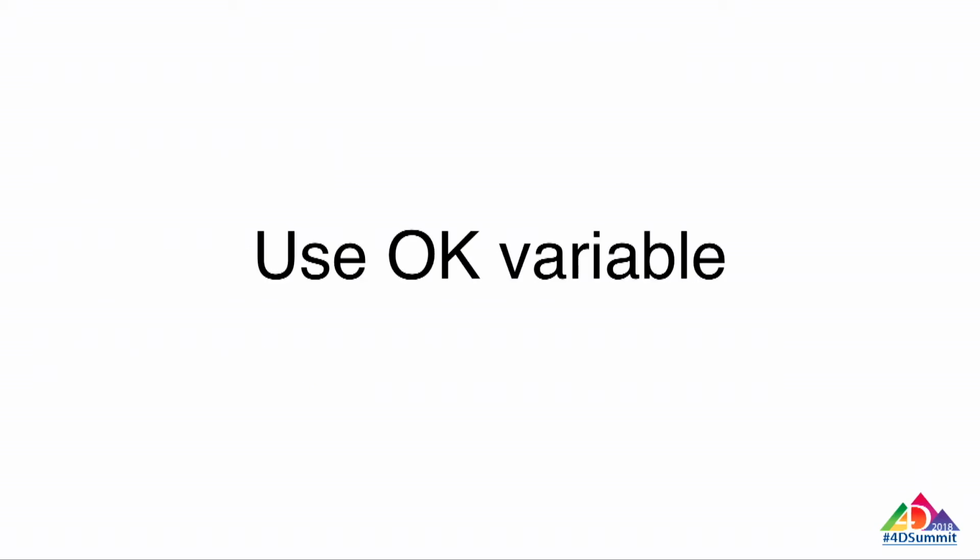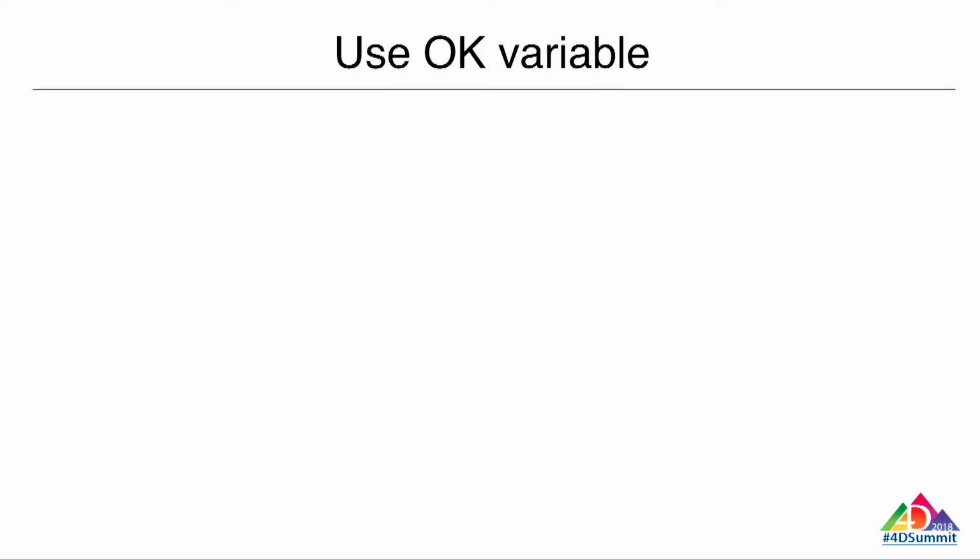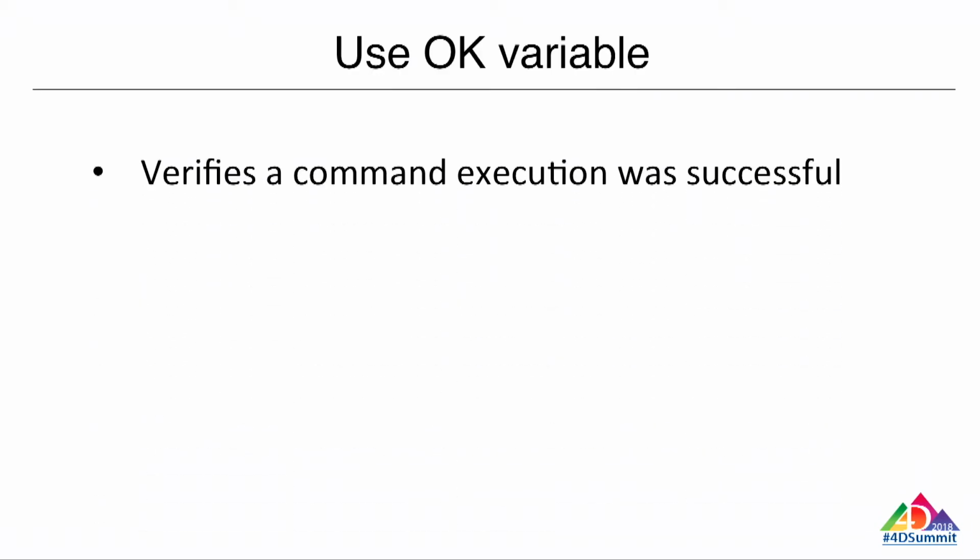The next section I'd like to go over is the OK variable. So why do we use the OK variable? Well, it verifies the command execution when it's successful. Many times we may not know that a certain command might have a response back to it. We could just take for granted that we know the command is going to work the way it's supposed to.